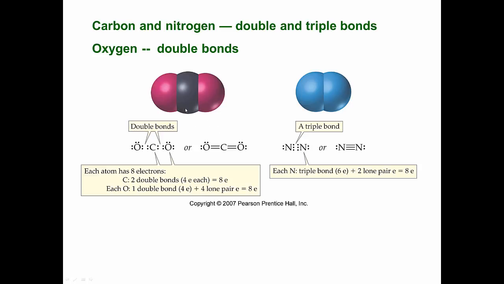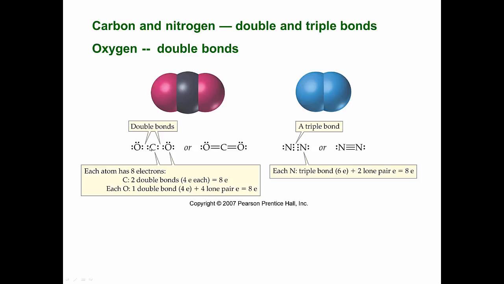So back to the carbon dioxide, we have, again, a carbon and 2 oxygens. In order for each of these atoms to have an octet, what we do is form double bonds. So here we have 4 electrons being shared between the carbon and oxygen, and again, 4 electrons being shared between this oxygen and carbon.